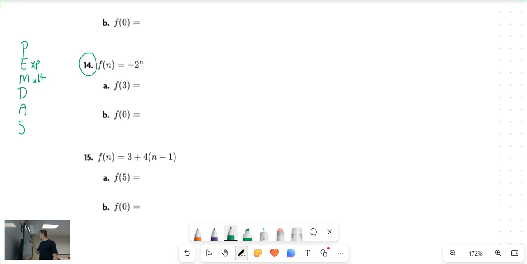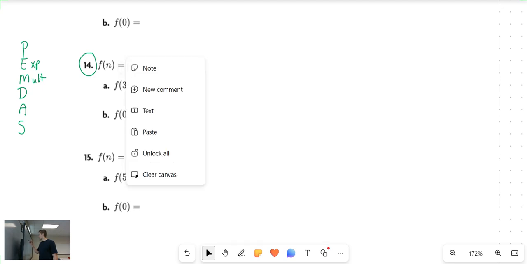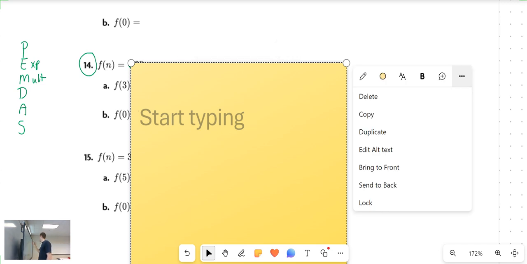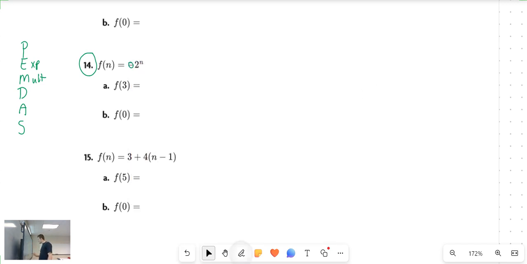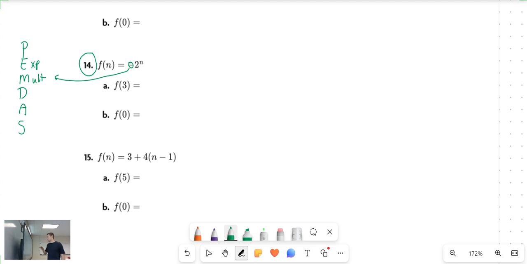This minus sign we actually consider to be multiplication. So the exponent is going to happen first. So what are we going to do here? We're going to say this is negative times 2 to the third.